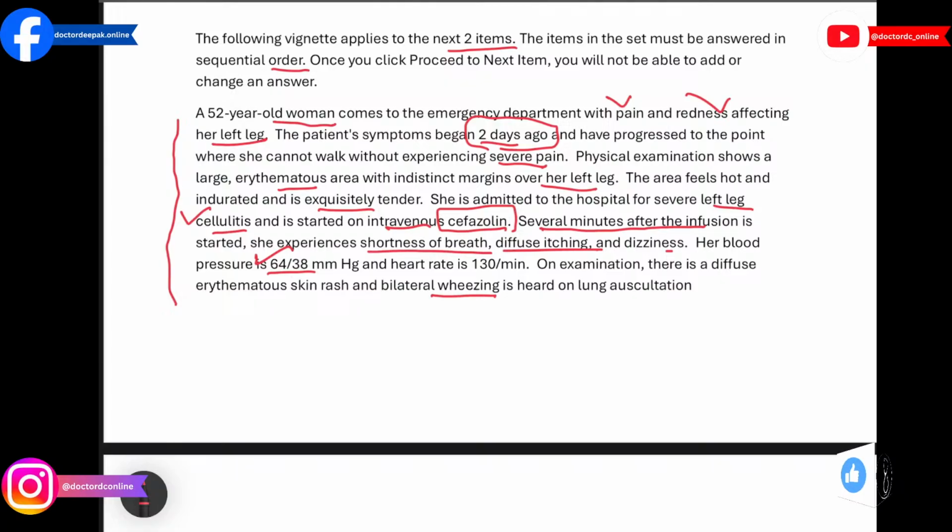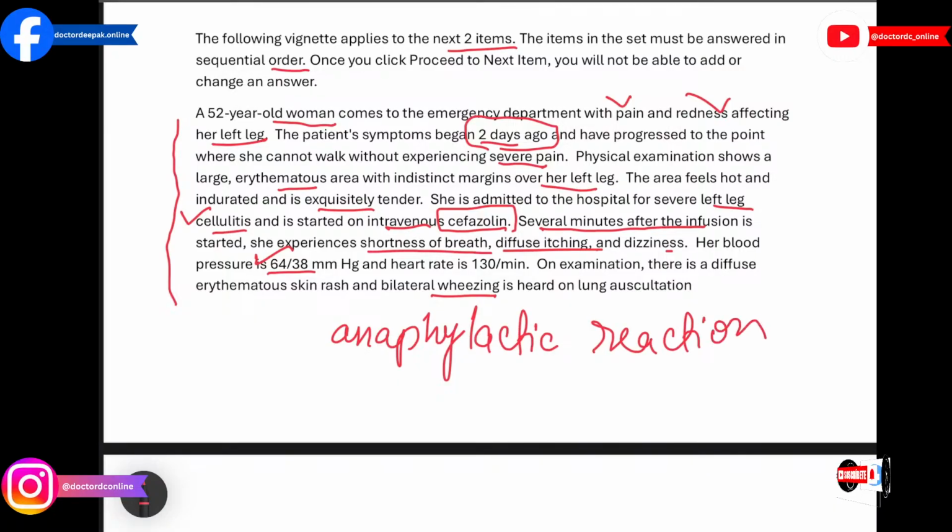So this patient is experiencing an anaphylactic reaction. If you know or have read about hypersensitivity type 1 reaction, the reaction will occur within minutes. And also there will be bronchospasm, itching, and dizziness like that.